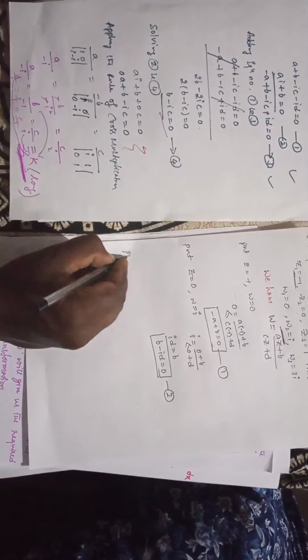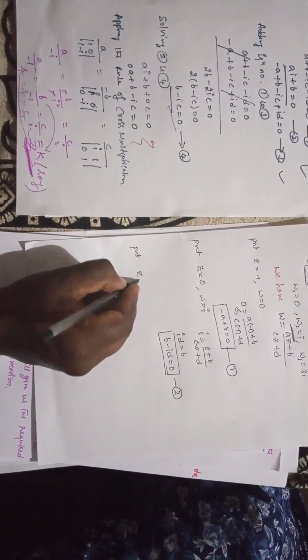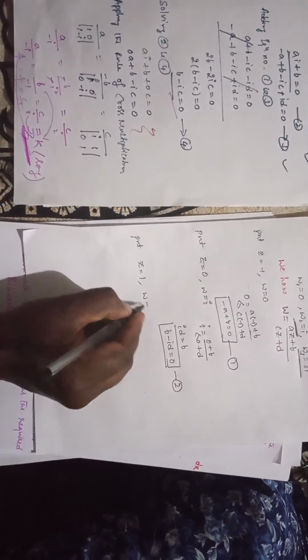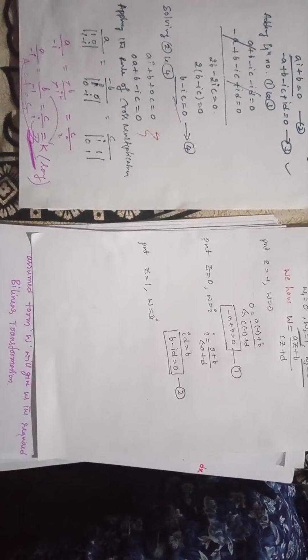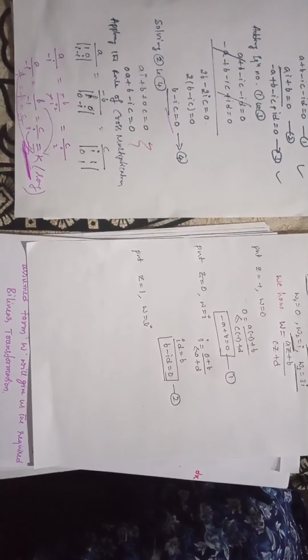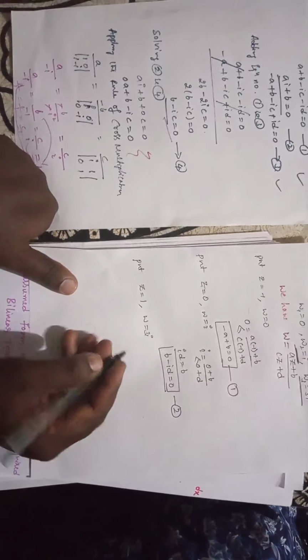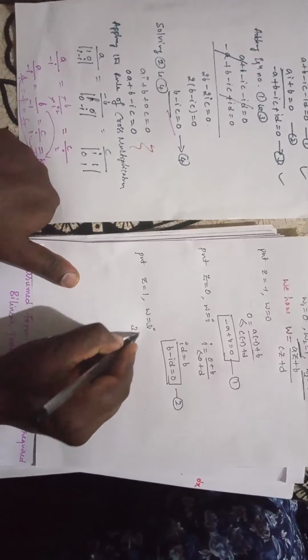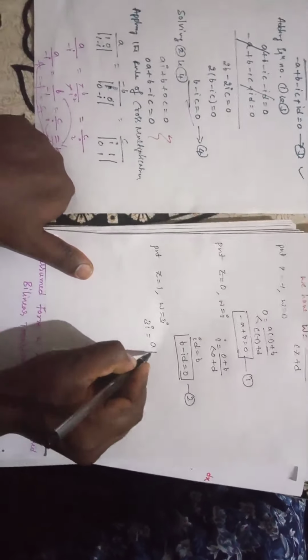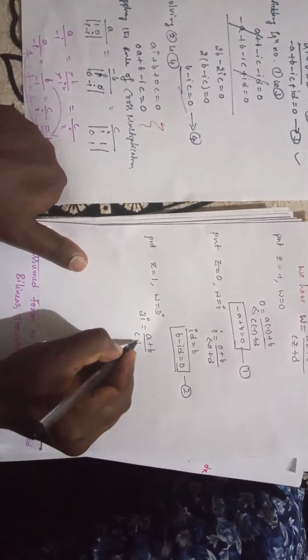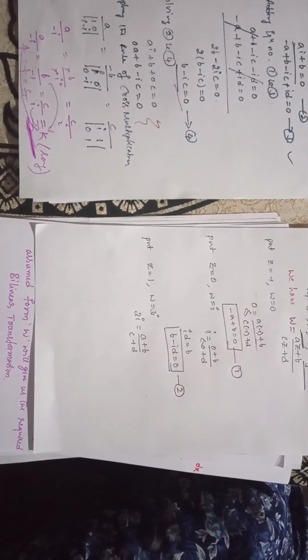Next, put z equal to z3, so z equal to 1, corresponding w3 value 3i, w equal to 3i in the standard bilinear equation. So w is 3i, in the numerator z equal to 1, a plus b, and in the denominator z equal to 1.